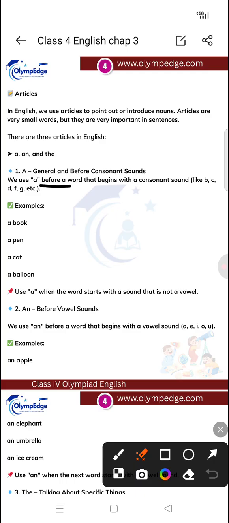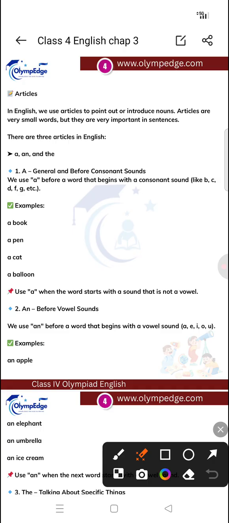We use A before a word that begins with a consonant sound like B, C, D, F, G, etc. For example, a book. Your book is starting with B, right? So we write a book. A book means one book. Then a pen. Pen starts with the consonant P, so we add the article A in front of it.